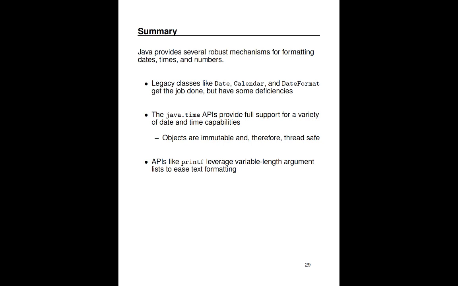The classes in these packages provide full support for a number of different date and time capabilities. As we saw, the objects in those APIs are largely immutable, and therefore they're thread safe. We also saw how the variable length argument language feature enables APIs like printf that provide familiar and overall pretty easy to use text formatting.